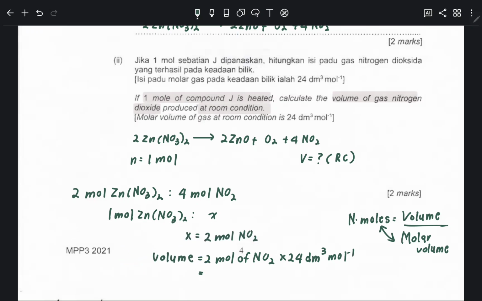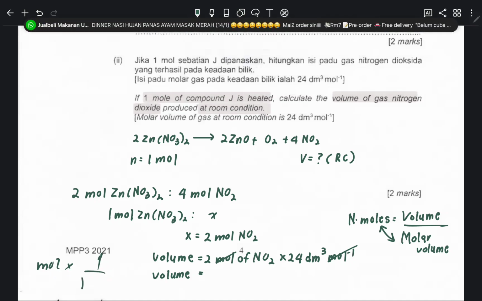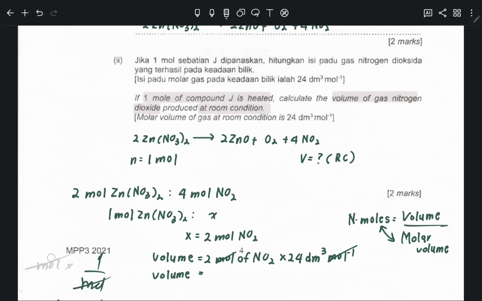And also volume again. So cut mole and mole, because one is at the top and the other one is at the bottom, because mole negative 1 means the mole is at the bottom. So you're done. Then 2 times 24, you will get 48 decimeter cube.